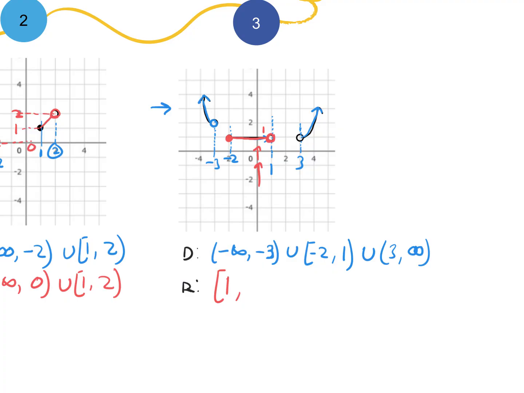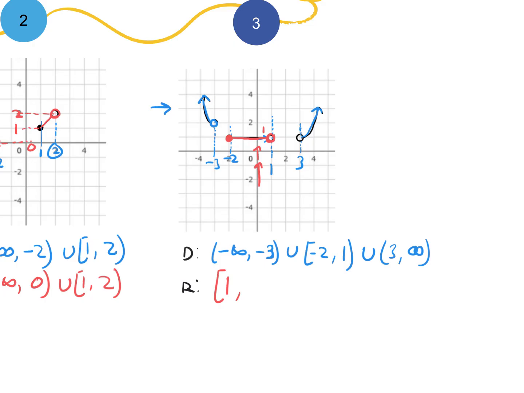Comma, and if we keep going up, there are 2 parts of our graph. There is a little gap right here, which if that was the only gap, then we would probably need a little union somewhere. But on this side of our graph, we are going up forever and ever, and that way this little gap is accounted for. And then once these two meet right here, they're both going up forever and ever.